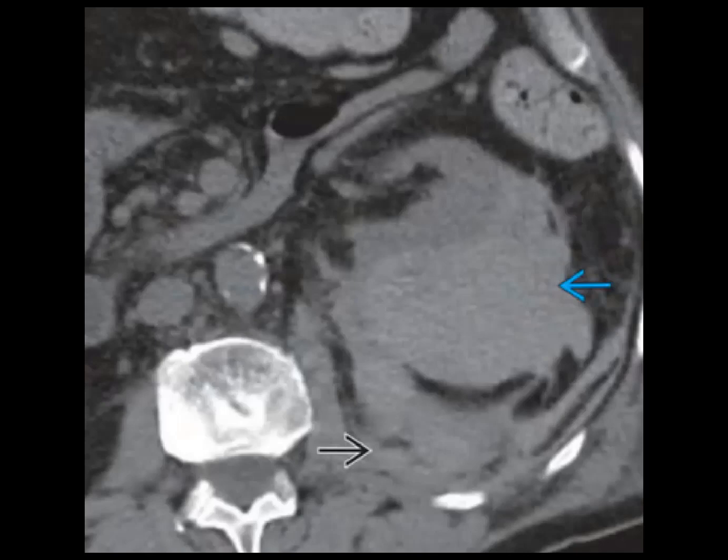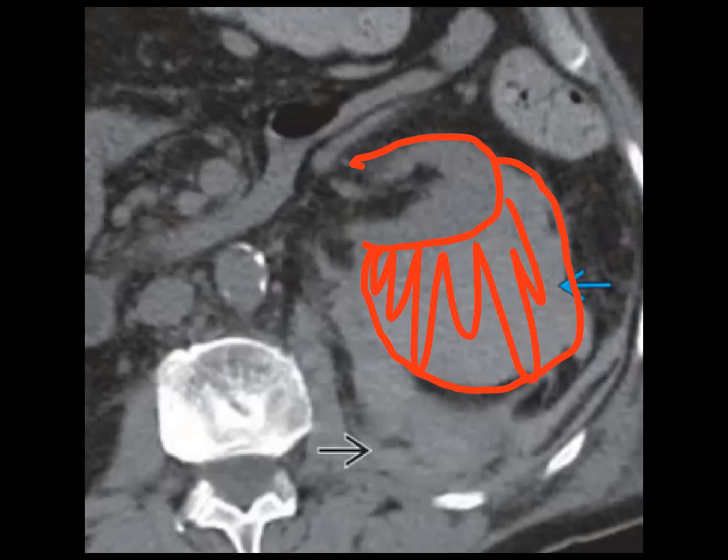This is a case of trauma in which we can see that this is the kidney, and we can see that there is some hyperdense content which is present around the kidney, localized to one surface. So this is nothing but the subcapsular hematoma.